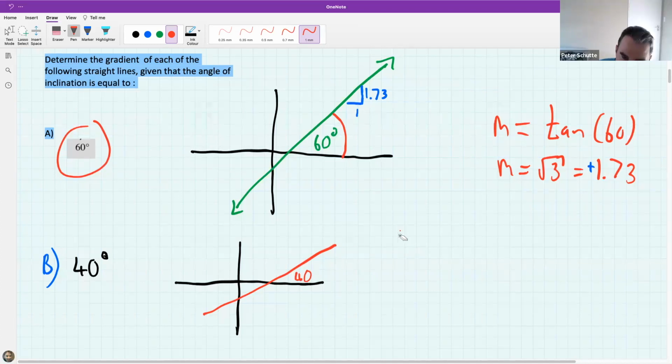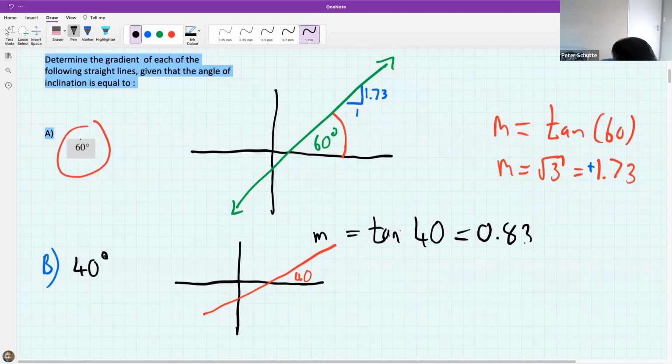So I want the gradient, which is m, and so I go tan of 40. Now, just using logic, if the angle is smaller, I expect my gradient to be less steep. So let's see if that works. I go tan 40 equals, and I get 0.839.